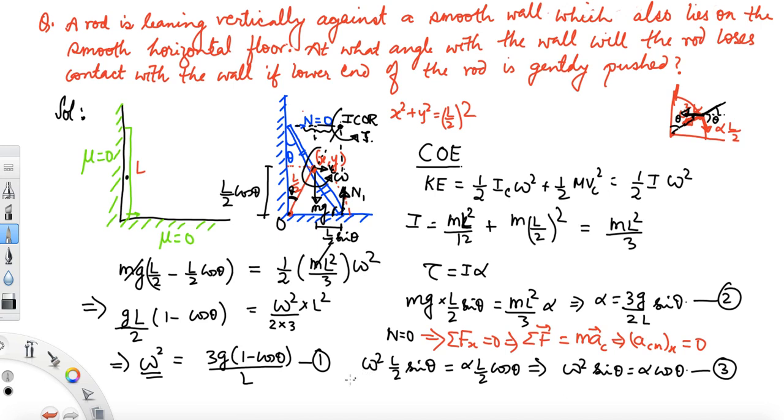So let's see. I'm going to use equations 1 and 3 to eliminate omega square. Put the value of omega square in equation 3. So it's going to be 3g into 1 minus cos theta over L times sine theta is equal to alpha cos theta.